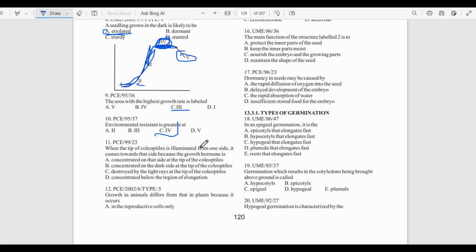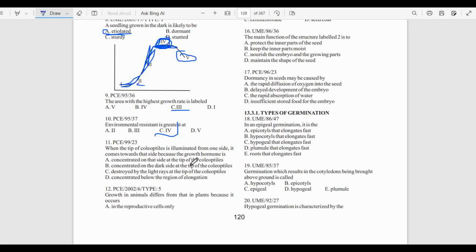Now, if you look at question 11, it says, when the tip of the coleoptile is illuminated from one side, it bends towards that side because growth hormone is dash.